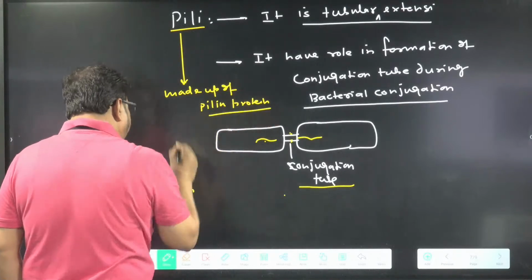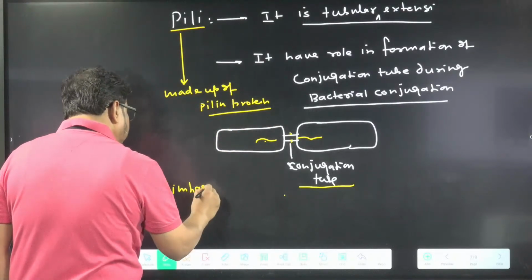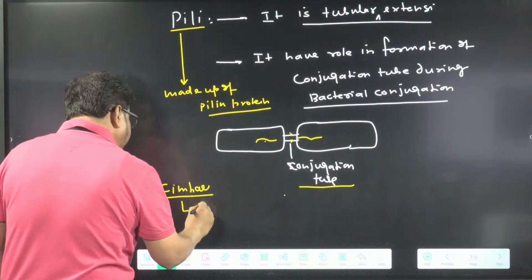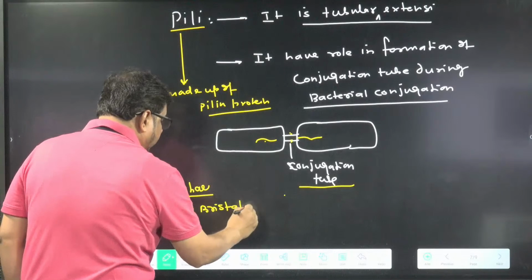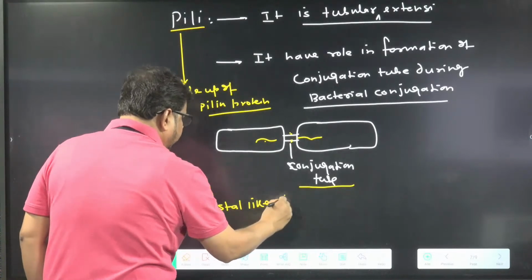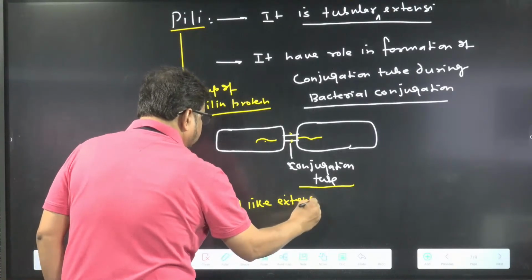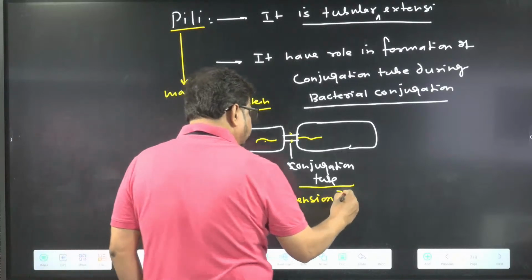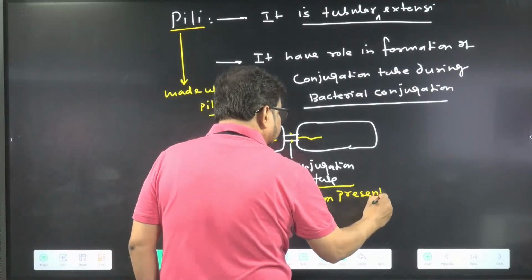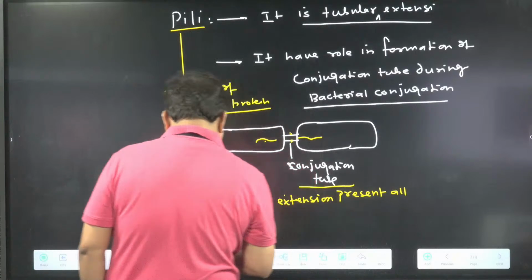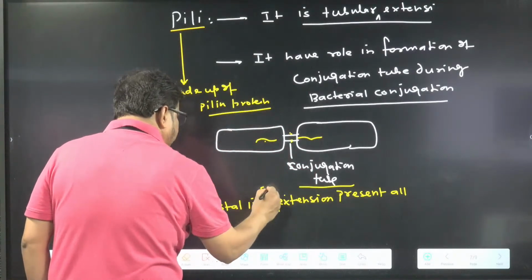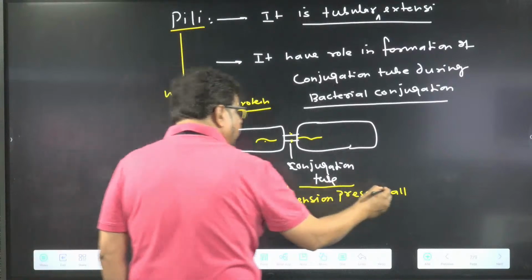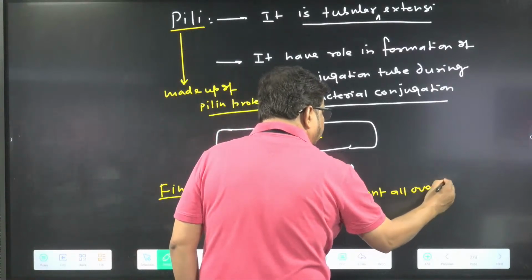Got the idea? Now I am telling fimbriae. Fimbriae are bristle-like extensions present all over the body, small bristle-like extensions.